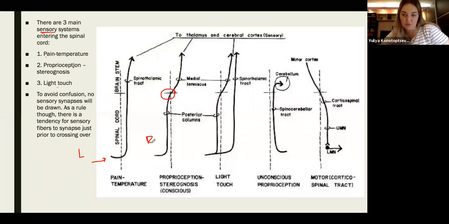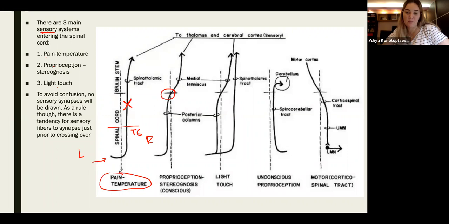And I tell you that my right spinothalamic tract above T6 region is damaged. What will I not be able to sense? Pain and temperature. But where will I not be able to sense?